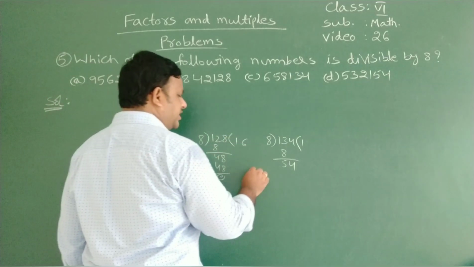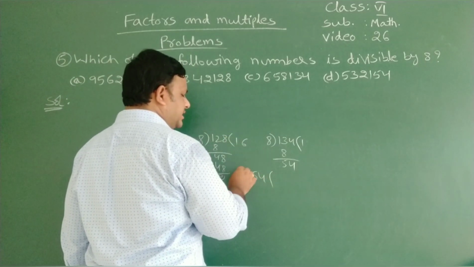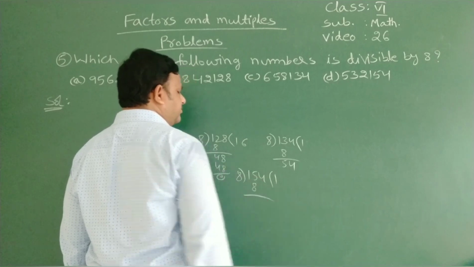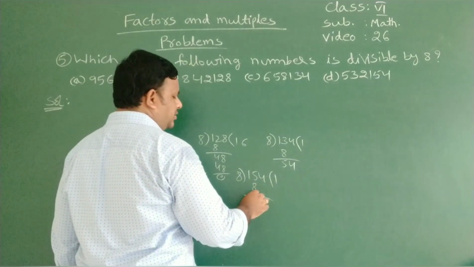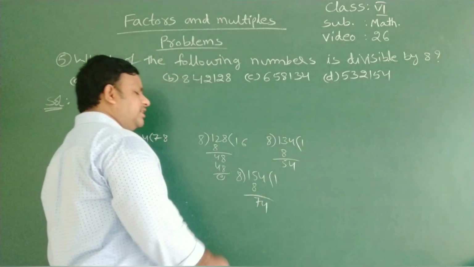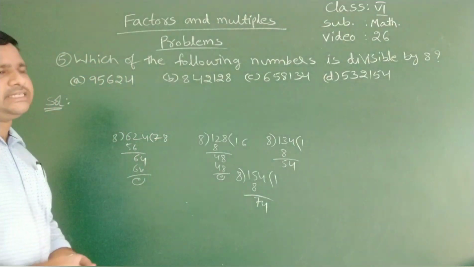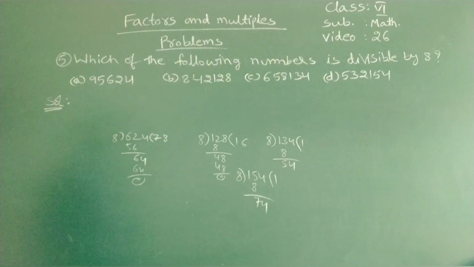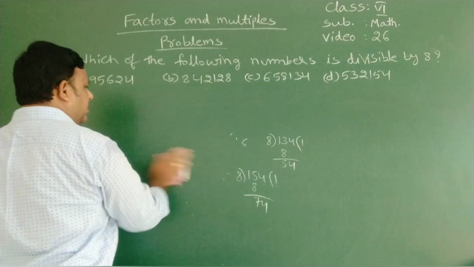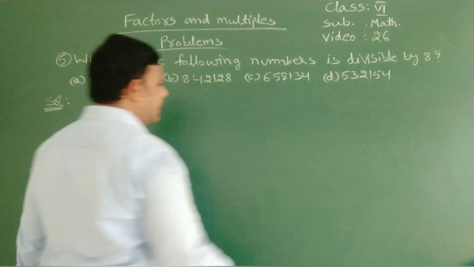Next, 154. Divide by 8. 8 ones are 8, 5 and 2, 7, 74. 74 is not a multiple of 8. That's why the first and second numbers are divisible by 8.